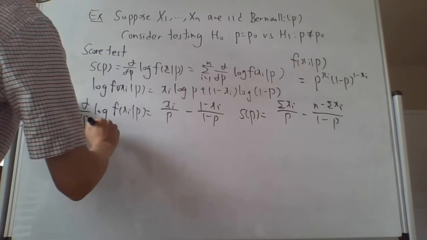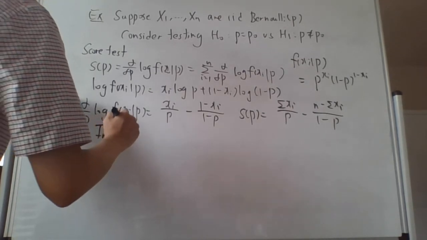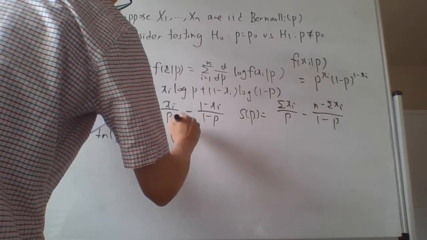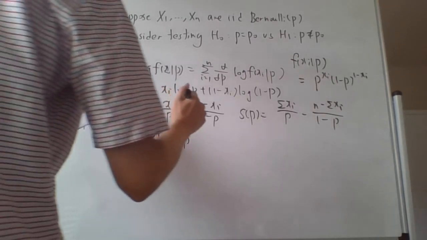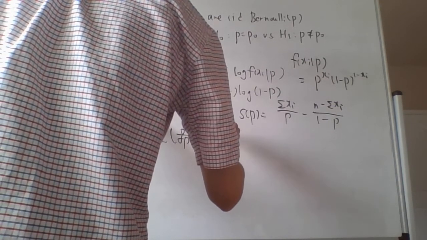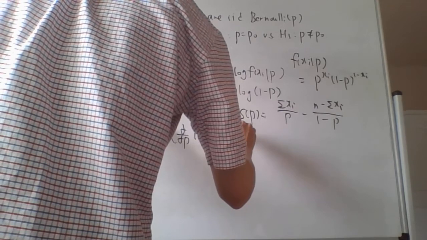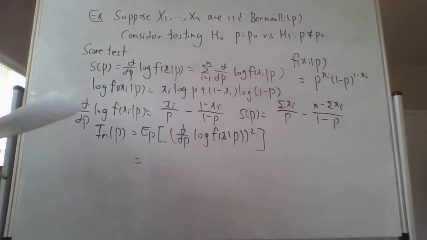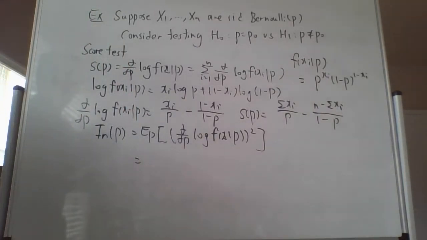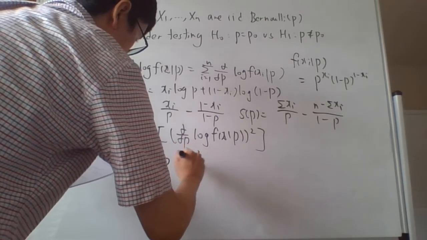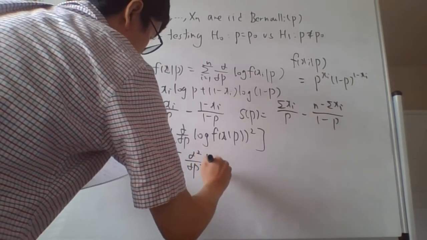Then for the information number for the entire sample, this is the original definition, under the regularity condition, we have minus the expectation of the second derivative of the log likelihood.